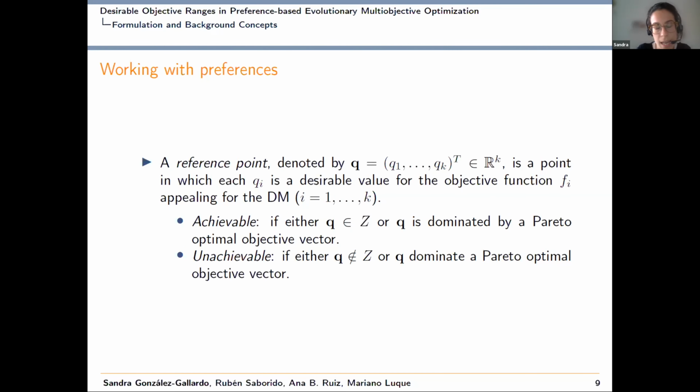In this case, the reference point is in the feasible objective region, or the reference point is dominated by a Pareto optimal solution. While in an unachievable reference point, the reference point is not in the feasible objective region, or the reference point dominates a Pareto optimal objective vector.